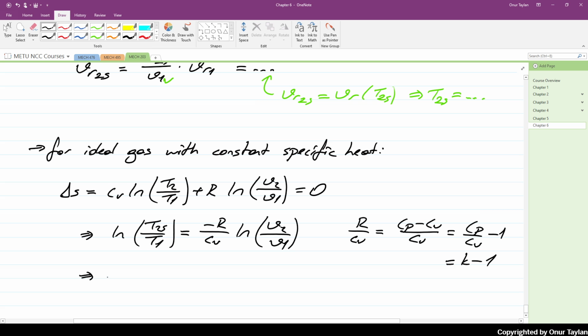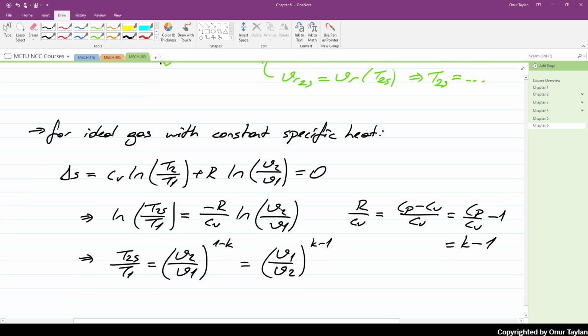So that becomes T2s over T1 is equal to v2 over v1 to the power 1 minus k, or we typically write this as v1 over v2 to the power k minus 1.